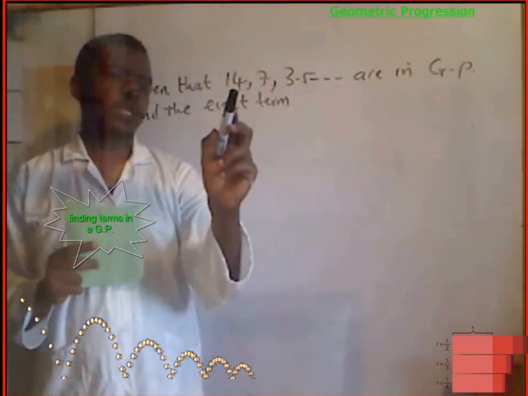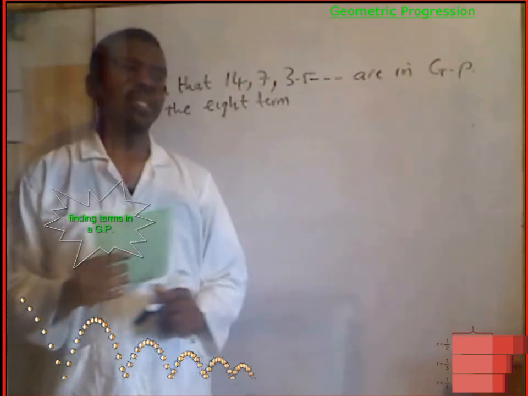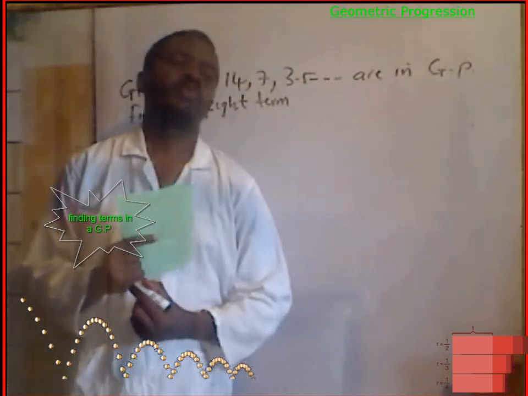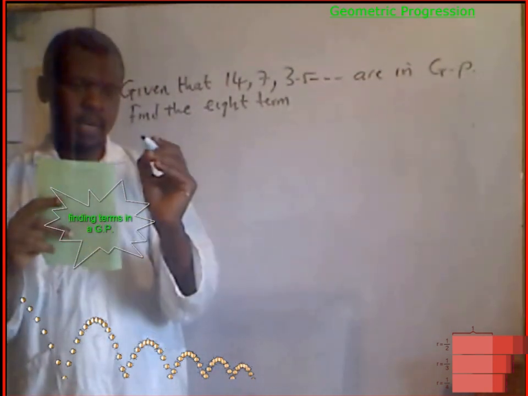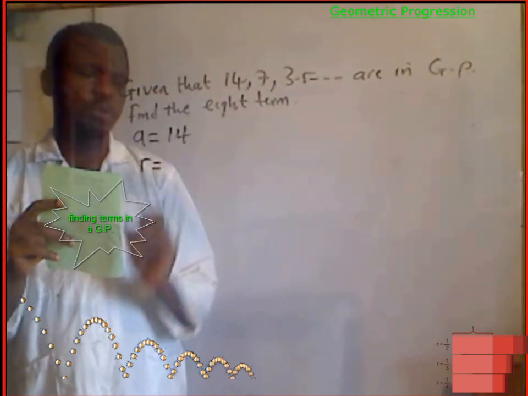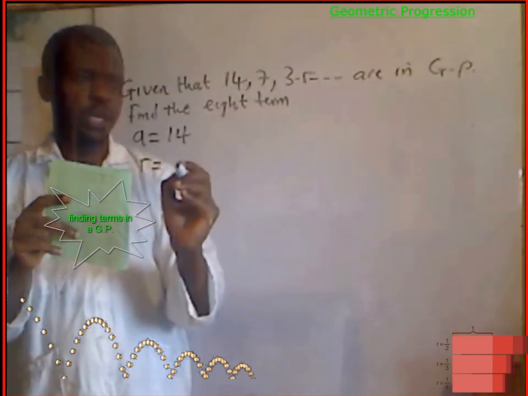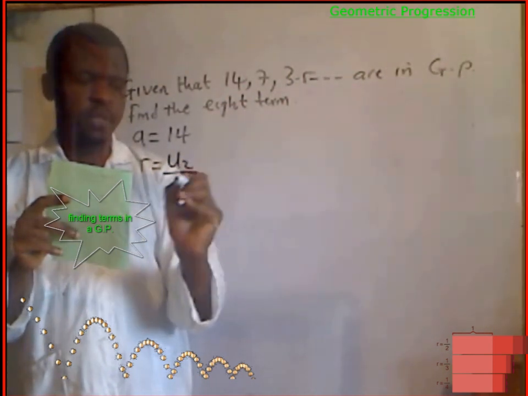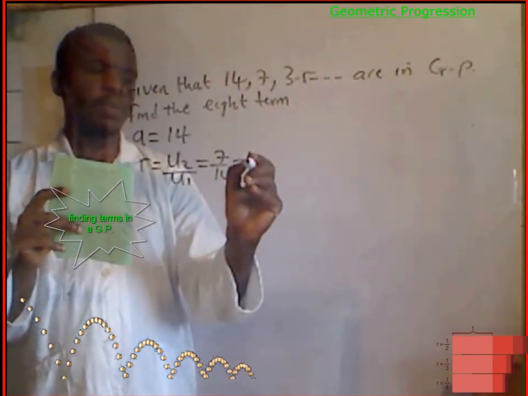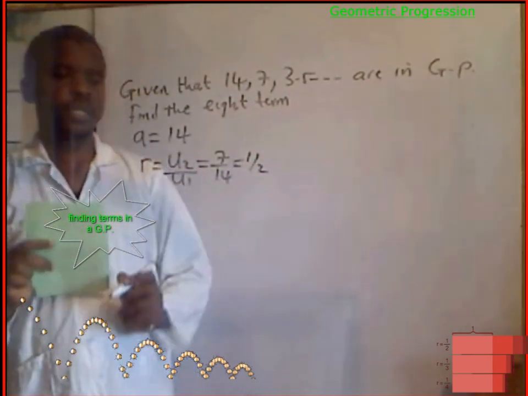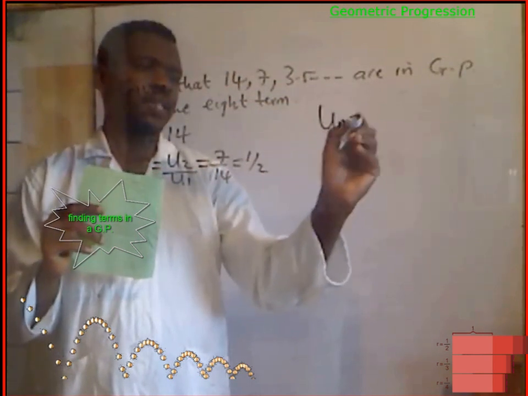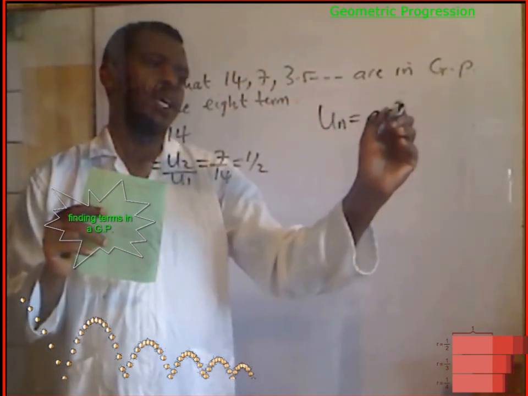Given that 14, 7, 3.5 are in GP, geometric progression, find the 8th term. Now, we know that our first term, A, is equal to 14. What is our common ratio? You can check for the common ratio here. We'll have second term divided by first term. This will give us 7 all over 14, which is equal to half. Our common ratio here is half. Now, we state our general formula. We know that U_n is equal to A times R to the n minus 1.